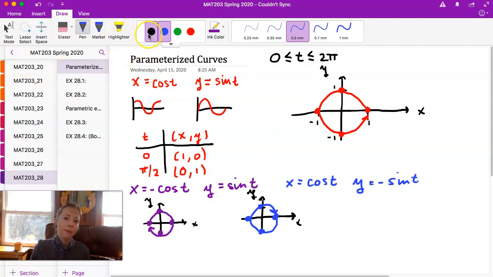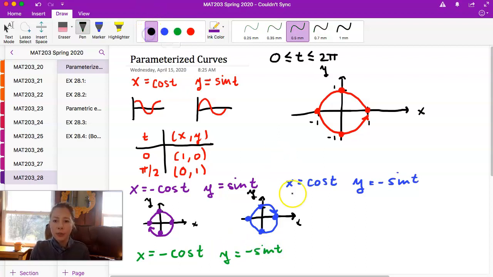Okay, one more. I bet you can guess what it is. x is minus cosine t, and y is minus sine t.